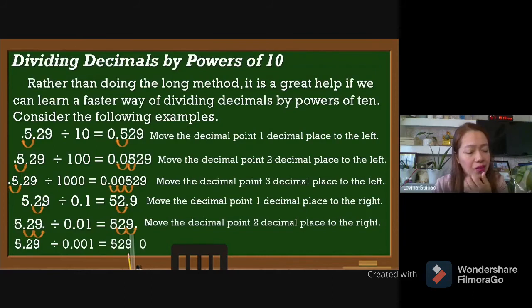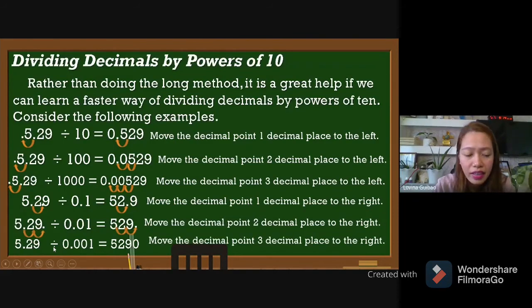Now, let's have this one. 5.29 divided by 0.001. Ito'y parang equivalence pero the negative part of this whole number. Okay? Tingnan natin. Nasa decimal places siya ng 0.001. Ilan ang digits na nandyan? 3. So, 3 rin ang galaw ng decimal point mo papuntang kanan. 5.29.